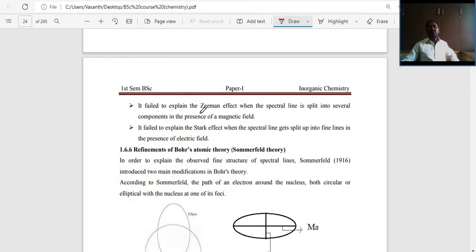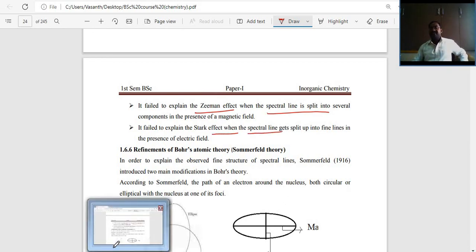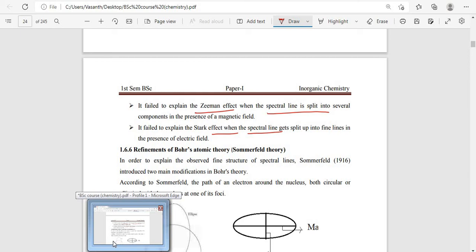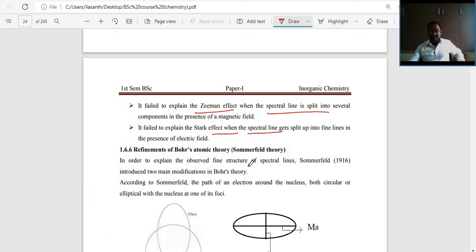It failed to explain the Zeeman effect, when the spectral line is split into several components in the presence of a magnetic field. And it fails to explain the Stark effect, when the spectral line gets split up into lines in the presence of an electric field.